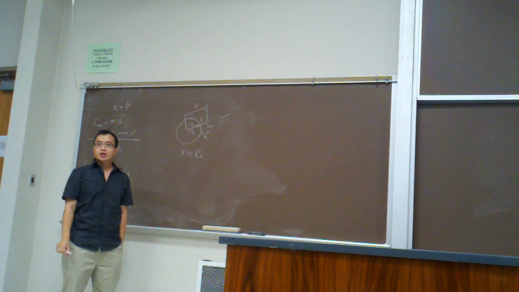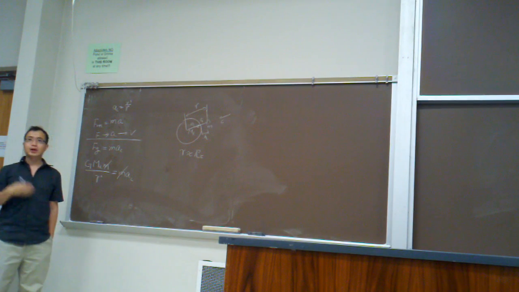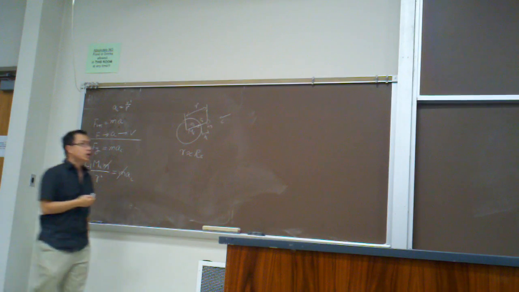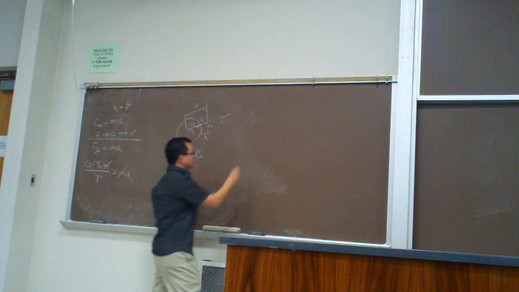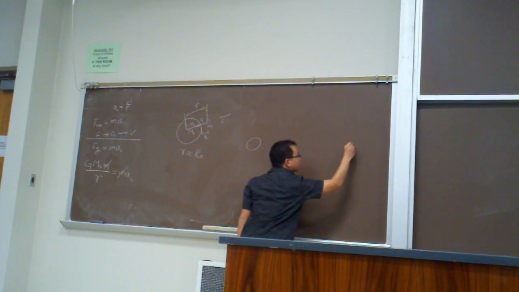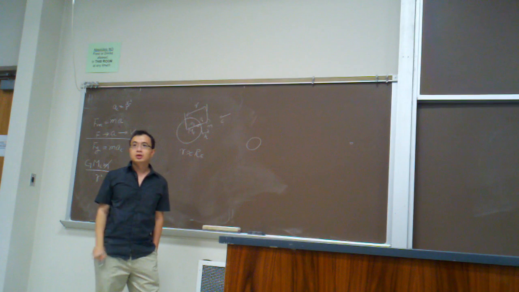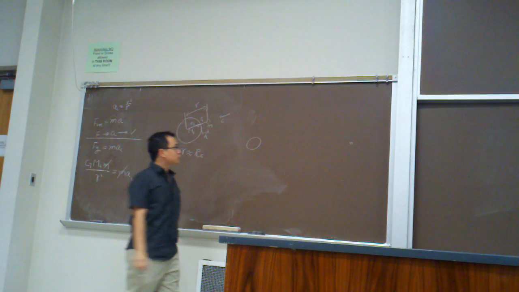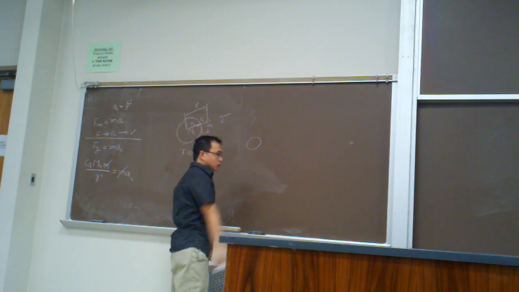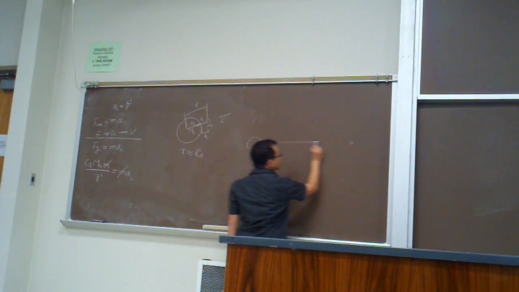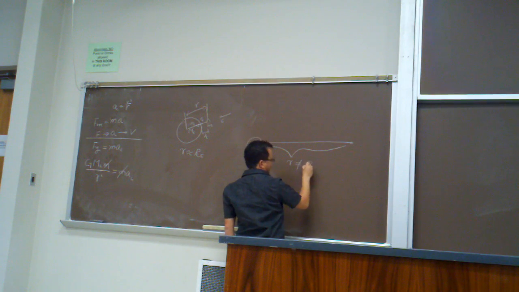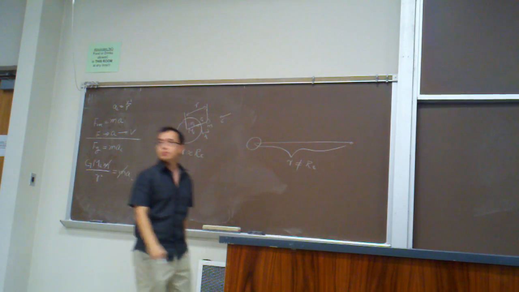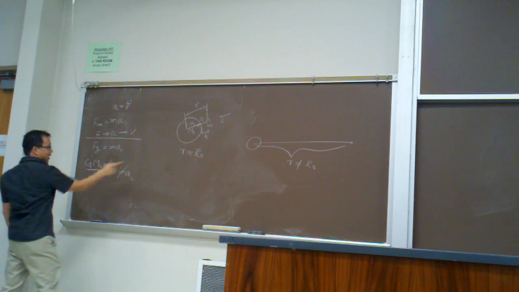But this is only true when we are talking about a satellite near the Earth's surface. In fact, many of the satellites satisfy this requirement. But if you have a satellite very far away from the Earth, if you are launching something to the moon, then this radius r is of course not the same as R_E. So just be sure why we can write it as R_E in this case.